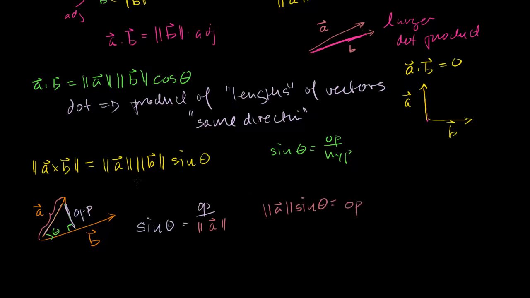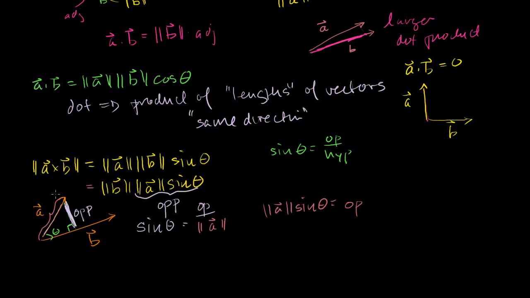If we rearrange this a little bit, I can rewrite this as, I'm just going to swap them, the length of vector B times the length of vector A sine of theta. Well, this thing is just the opposite side, as I've defined it right here. So this right here is just the opposite side, this side right there.